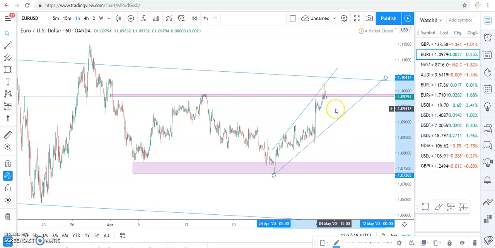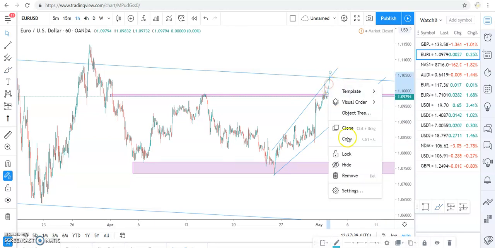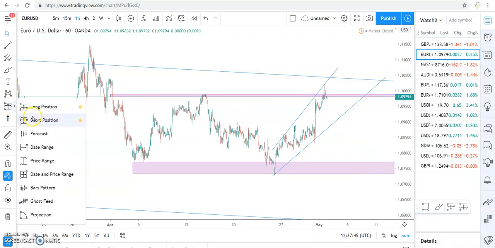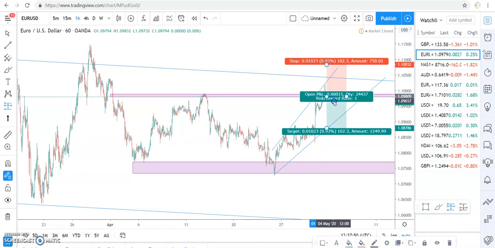So I would want to enter a sell trade. What usually happens is price might try to be funny because they know you're saying this. They might actually push it up to this level and then later follow this trend line. So what I simply do is enter a short position with a big risk reward ratio.